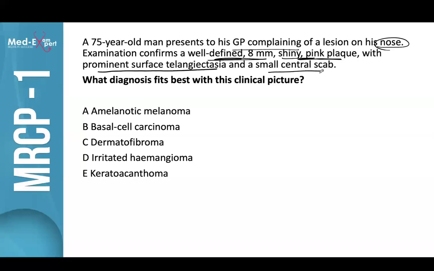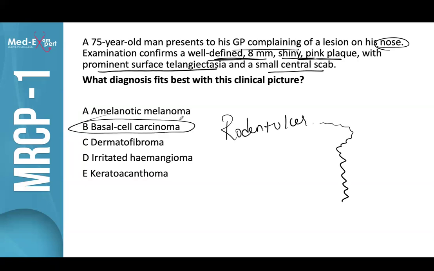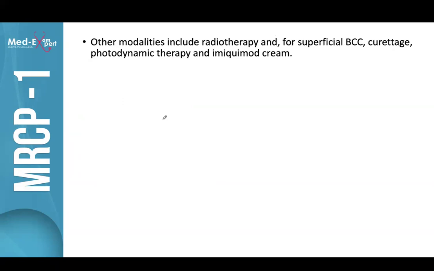Shiny plug, prominent surface telangiectasia in the nose. This is also called rodent ulcer. This is your good old basal cell carcinoma.